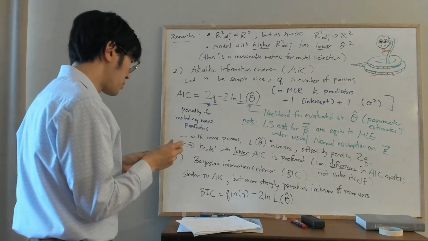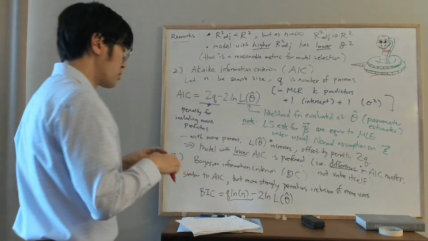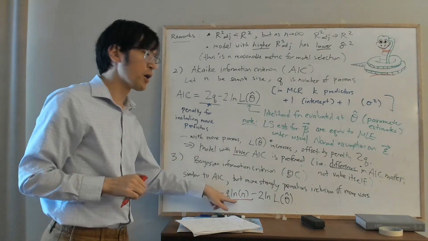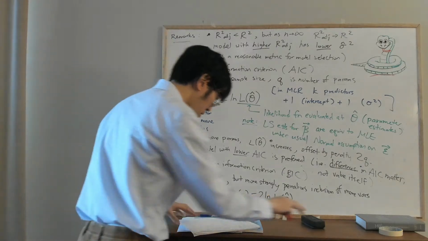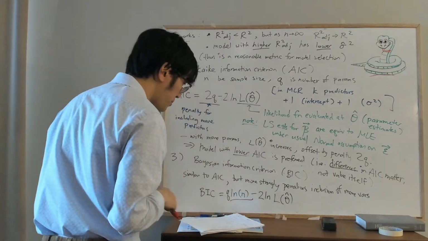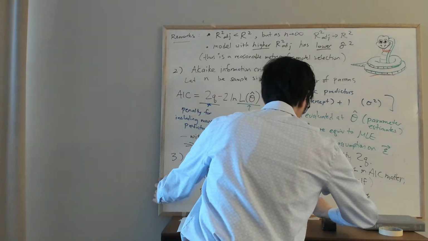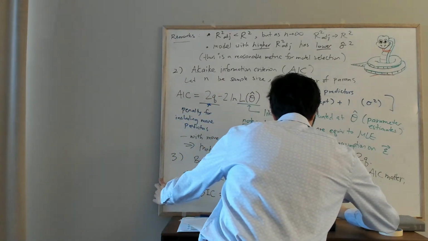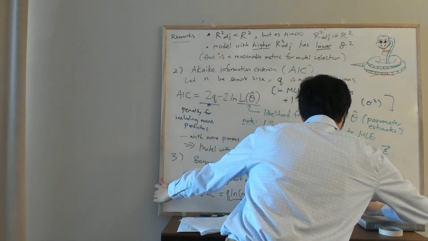The difference here is this part. The more data you have, the more strongly having too many parameters is penalized. So this part is dependent on the sample size.